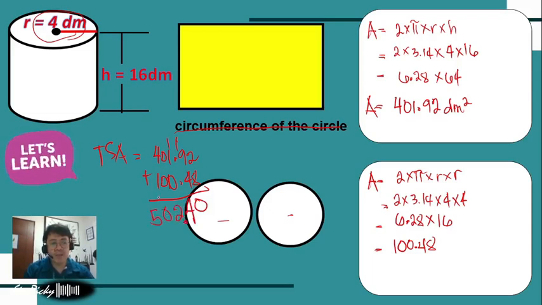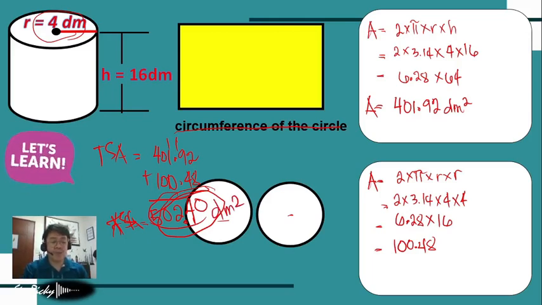Then 2 decimal places. So this will be now your TSA: 502.40. The unit used is square decimeters. So that's how we compute the total surface area, by computing first the area of the given faces and adding the area of all faces to get the TSA, or total surface area.